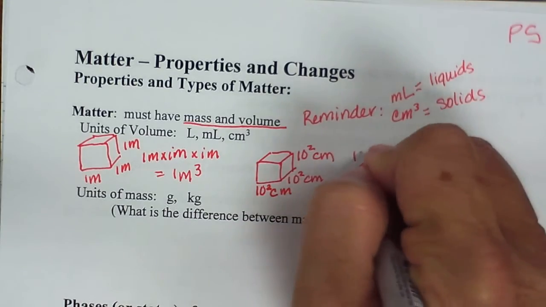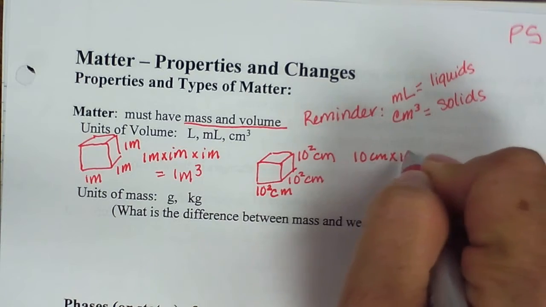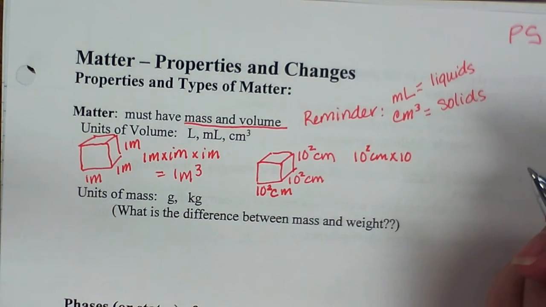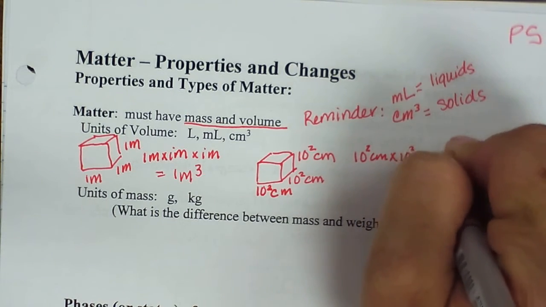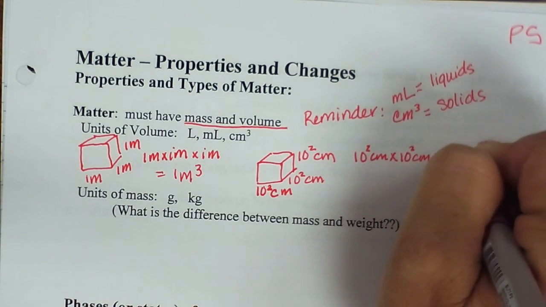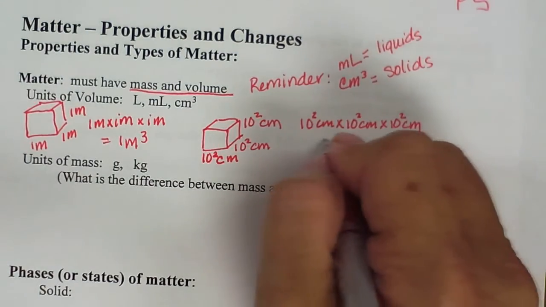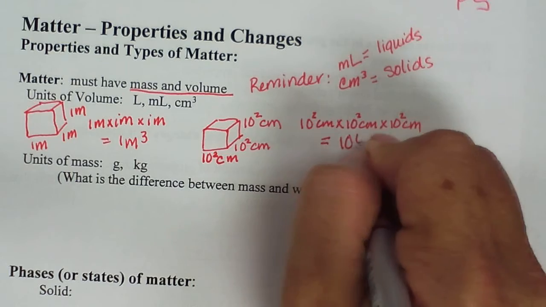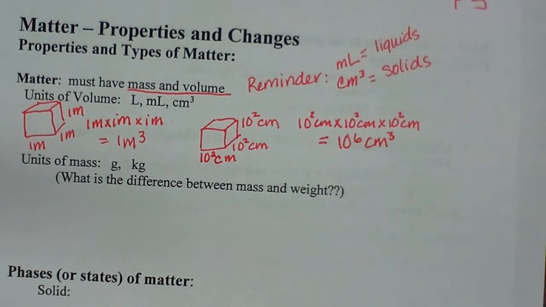All right? So now if I were to take the volume of this cube, I would do length times width times height. So that would be 10 squared centimeters times 10 squared centimeters times 10 squared centimeters. So ultimately, the volume here would be 10 to the 6th centimeters cubed: 10 squared times 10 squared times 10 squared, and then centimeters times centimeters times centimeters.